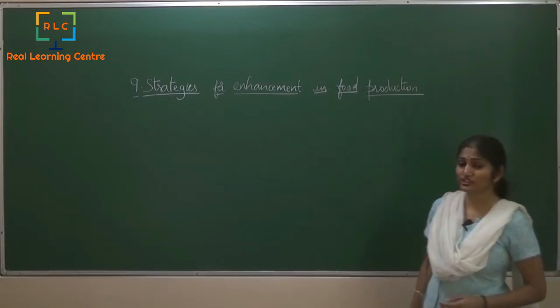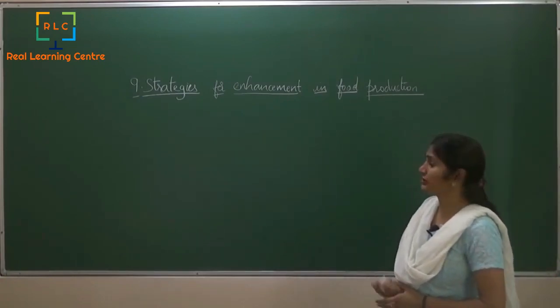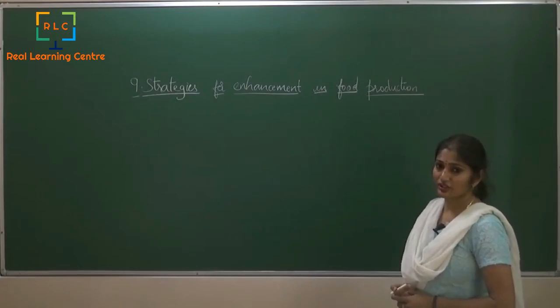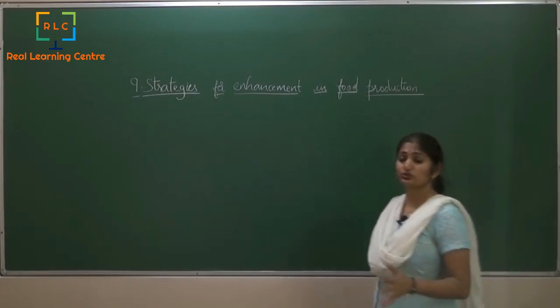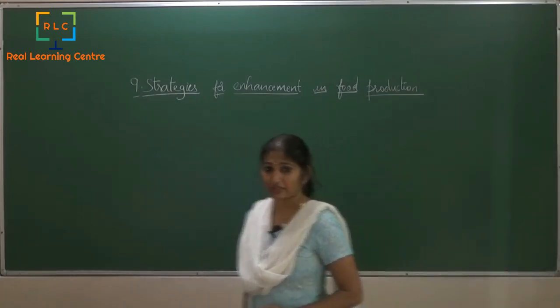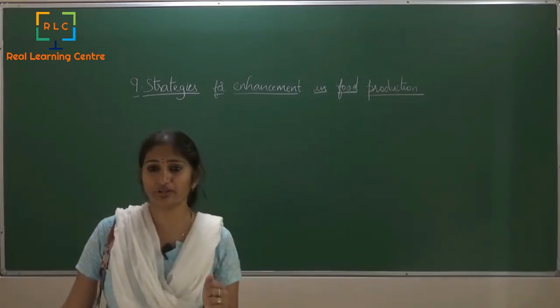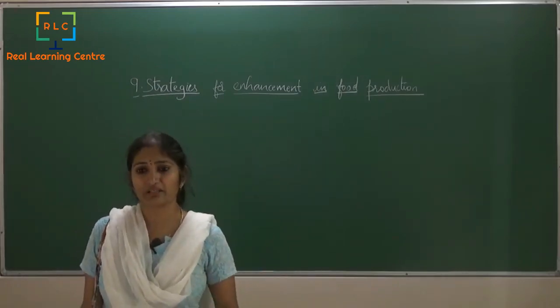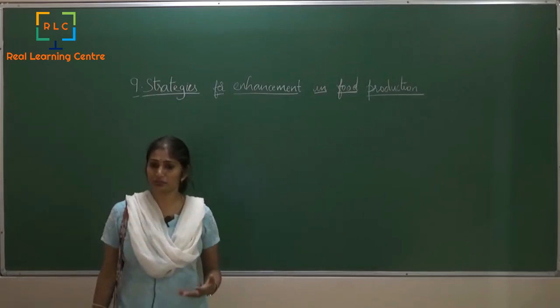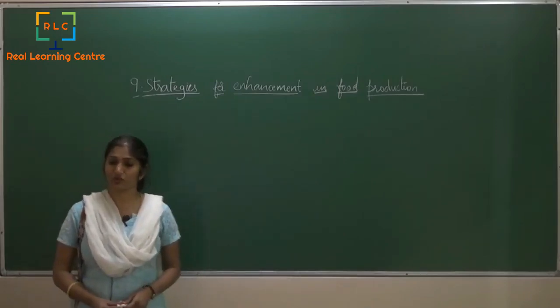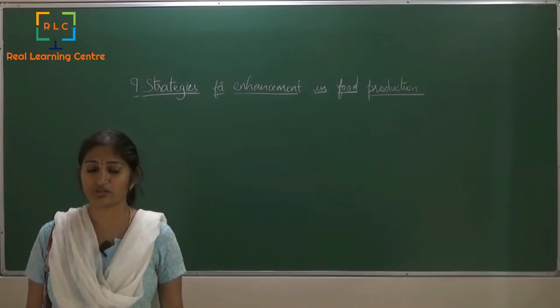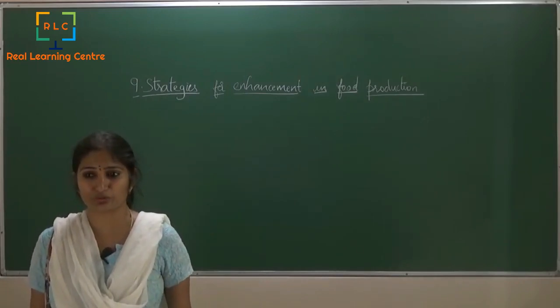So in this particular chapter, we are talking about various strategies for increasing food production, and we are mainly focusing on animal husbandry, plant breeding, certain single cell proteins, and then we will also discuss quite a lot on tissue culture.